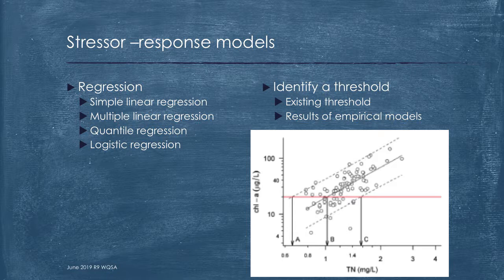So if you know what chlorophyll is, then you can just go over here and I want this. Or you want to be a little less protective, then you go over here, have a higher number, or pick the lower confidence limit to get a tighter number. So these are management decisions that go into the development or picking a number, right?